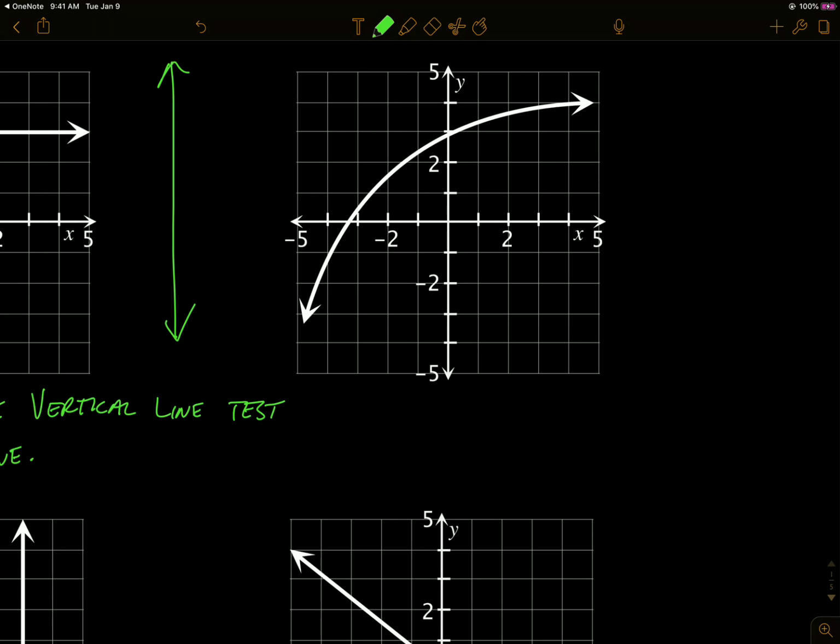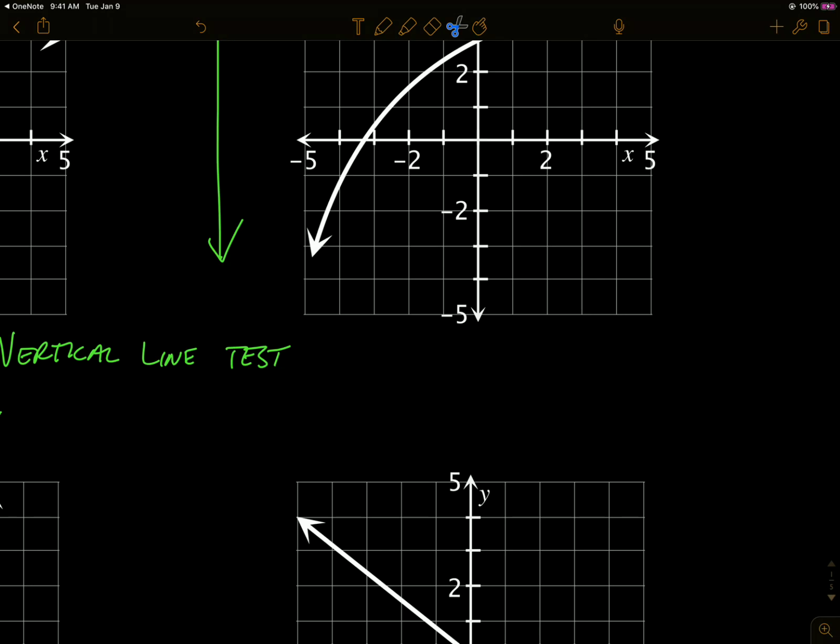Number 2, is it a function? Looks like it passes the vertical line test. My vertical line never hits the graph more than once, never hits the function more than once, or I should say relation. Now it's a function because I determined it passes the vertical line test. So it's still not a linear function, though.